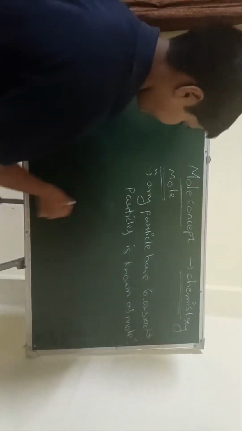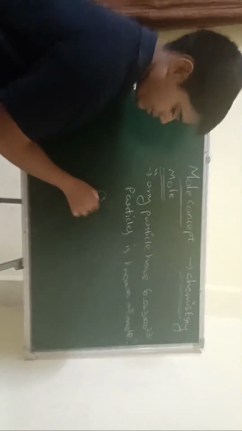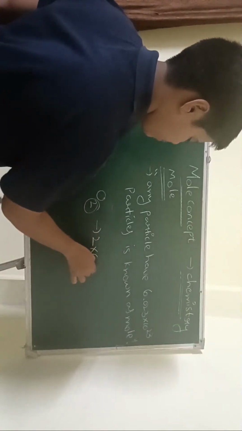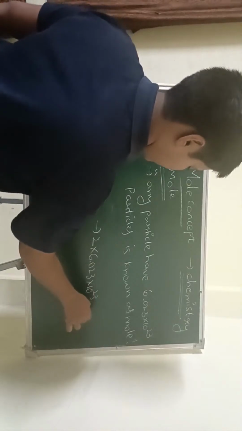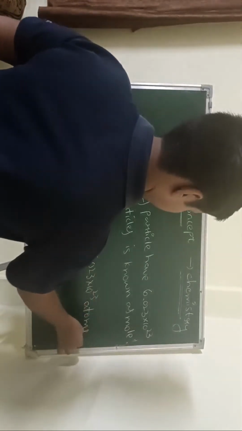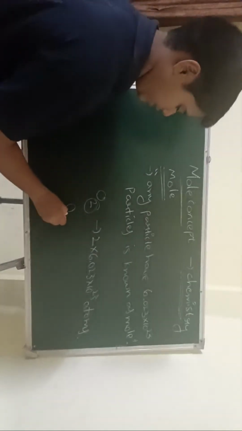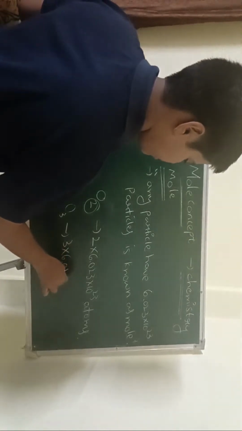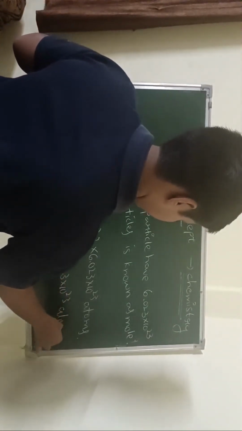For example, I am taking O2, oxygen. Here 2 atoms are there, which means 2 into 6.023 into 10^23 atoms. Or O3 means 3 into 6.023 into 10^23 atoms.